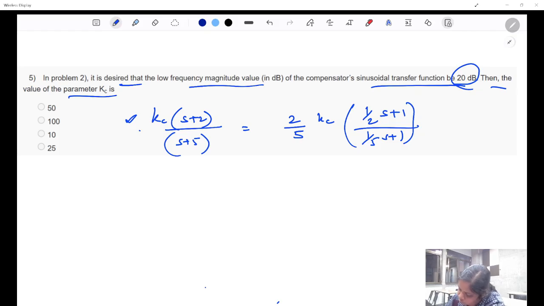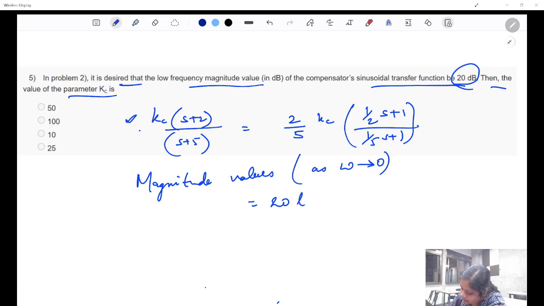Now we want to find the value of Kc at low frequency. That means the magnitude value as omega tends to 0 would be 20 log.